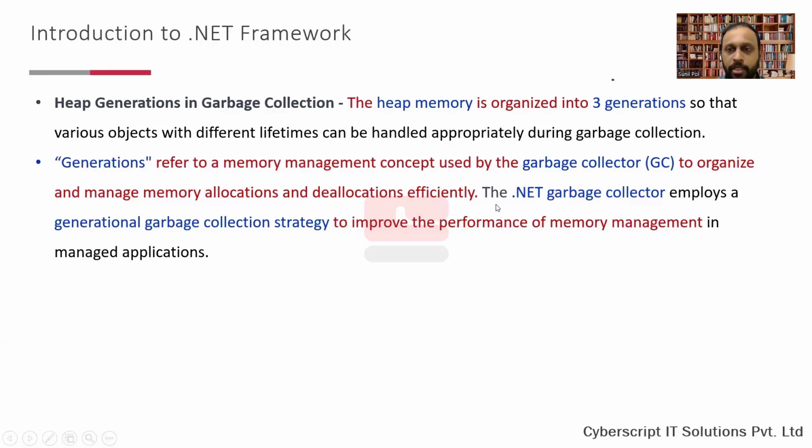The .NET garbage collector employs a generational garbage collection strategy to improve the performance of memory management in managed applications. So we will discuss this in detail with the help of animation further: what is generation 0, what is generation 1 and what is generation 2, and how objects move to the next generation if they survive the current generation.